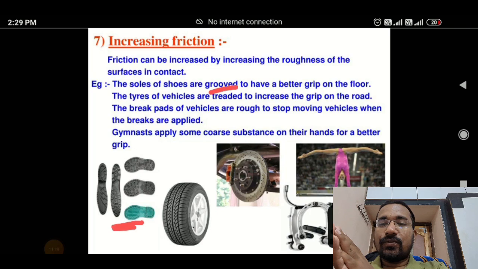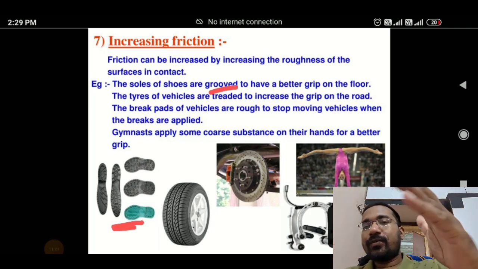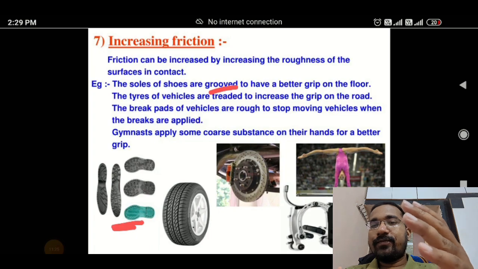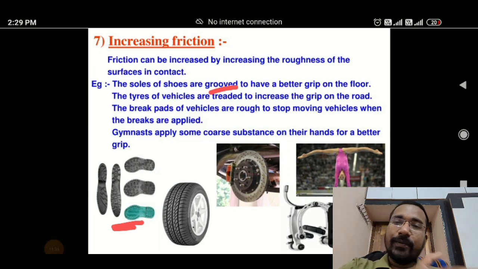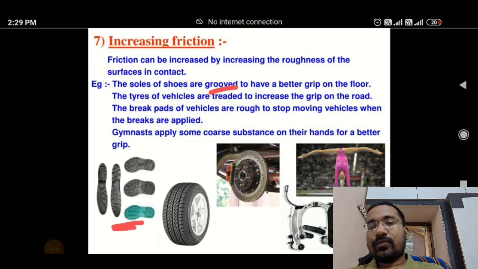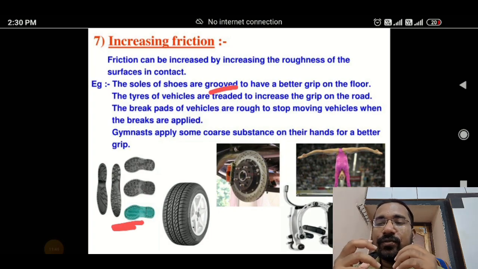To increase friction, when we turn, the friction keeps it on the road. If there is no friction, possibly the car will fall down. Like brakes, if we don't apply the brake, why would it stop? If we apply the brake, it increases friction and it will stop.